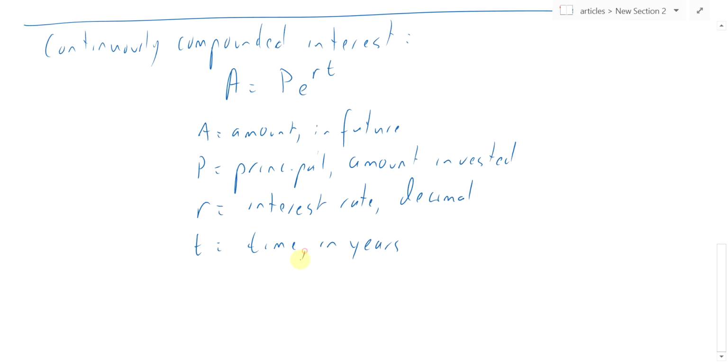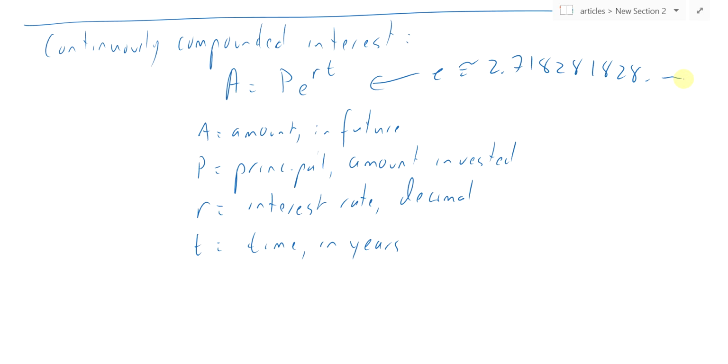And this is one of the reasons why we want to introduce e. Right? In this formula, e is just a number, 2.7. But when you're doing the continuously compounded interest formula, the number e just appears sort of naturally there.